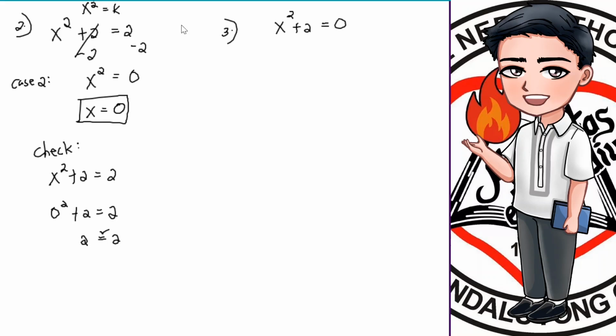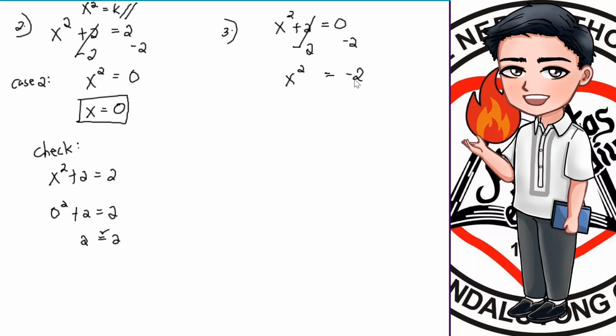Now, again, transform it in the form x squared equals k. By subtracting 2 on both sides, we get x squared, this is now 0, equals 0 plus negative 2, which is negative 2.